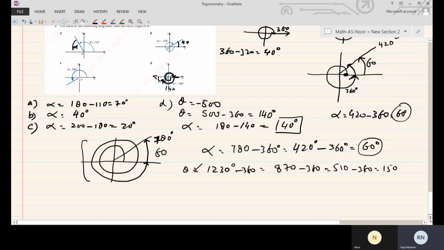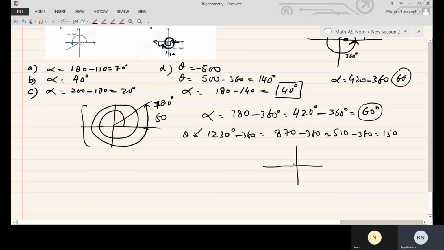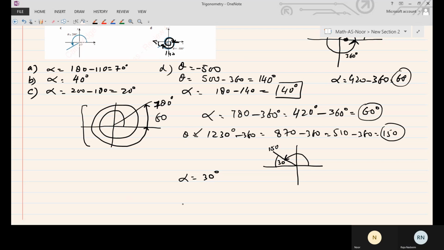So 150 is a figure which I can plot in the quadrant, so it would lie in the second quadrant. Once you have this angle in the second quadrant, then you'll be able to find its basic angle. So the basic angle of this angle would be 30. If they give us the basic angle, can we find the alpha angle? Yes.